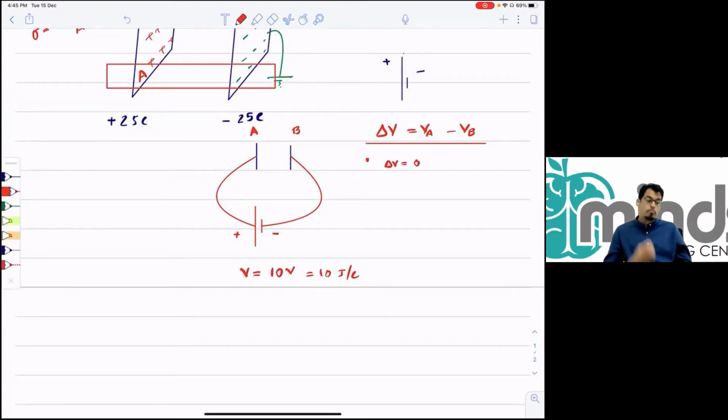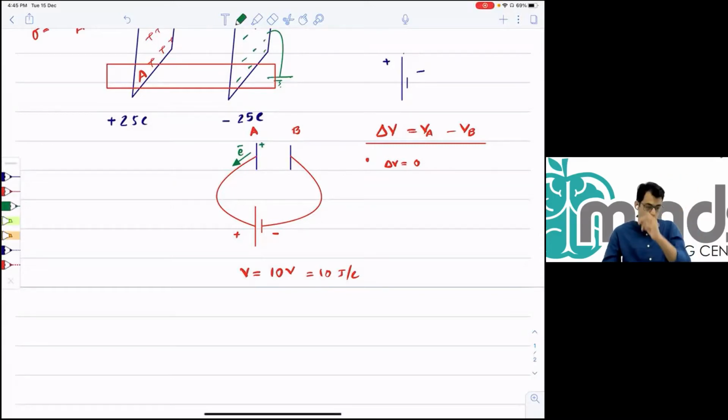Now what will happen? The positive terminal will remove an electron from A. So one electron will jump out of this plate. What will be happening? This plate will acquire one positive charge.